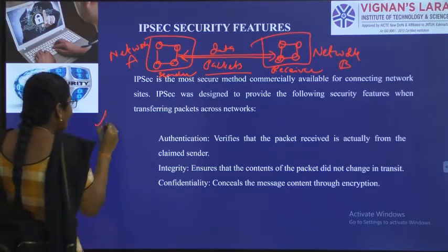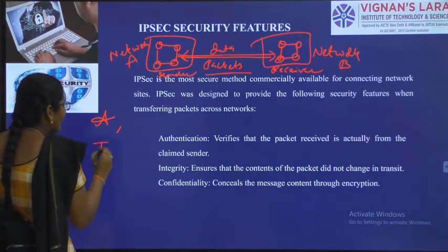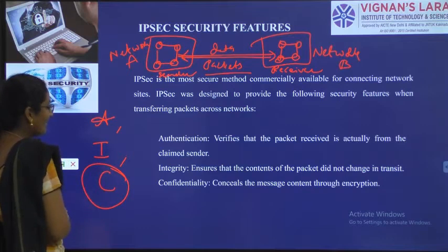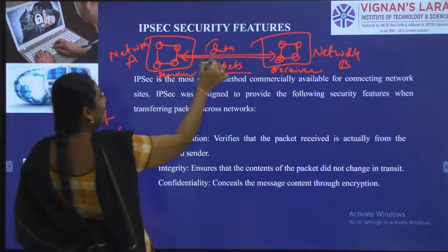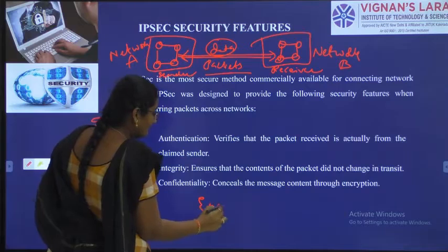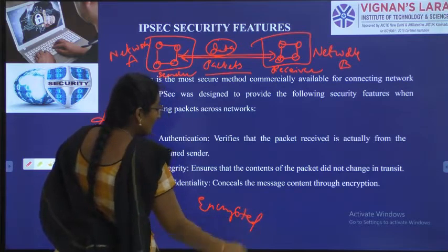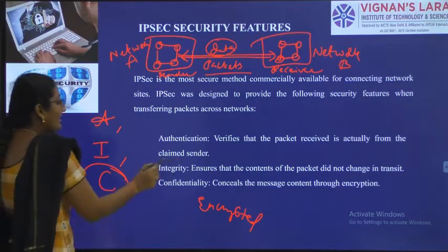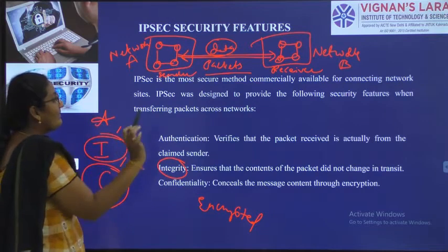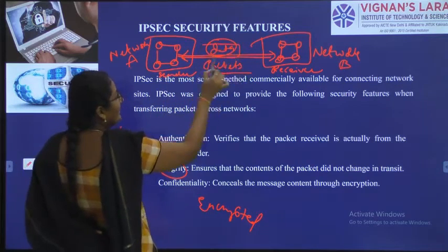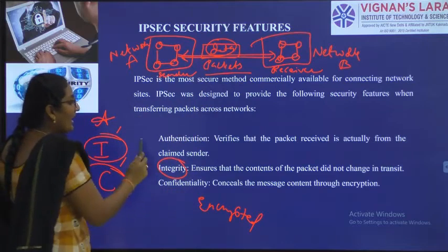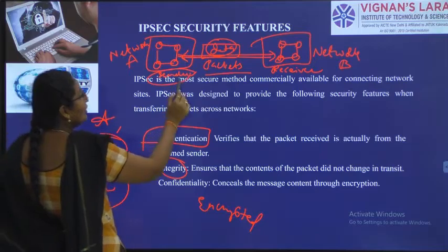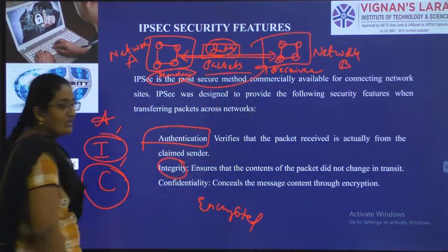Now I need authentication, integrity, confidentiality. Confidentiality is nothing but believing these packets are encrypted. Integrity is nothing but believing the contents of the data do not change. Authentication is nothing but verifying whether this sender only sent this packet or not.